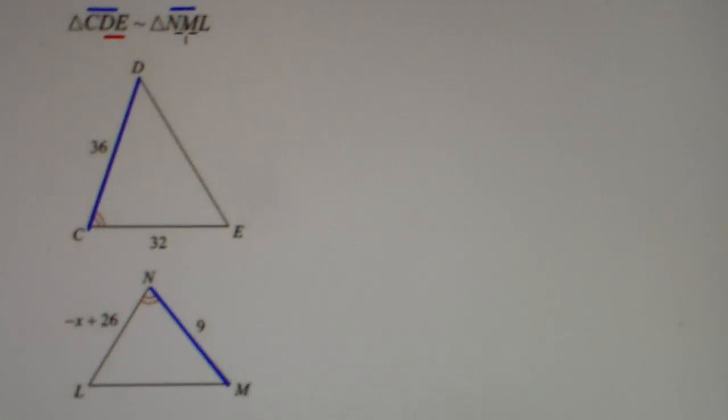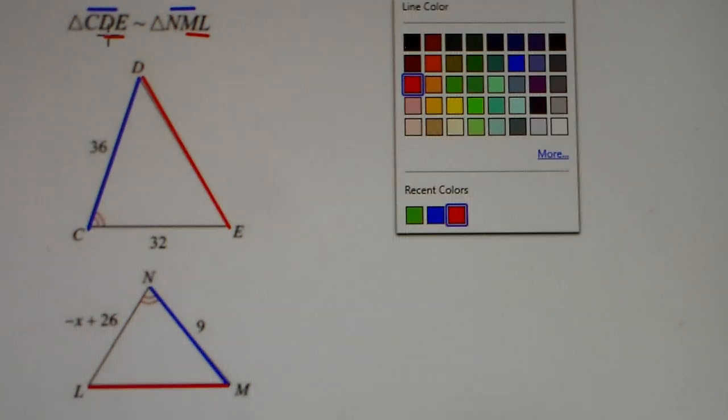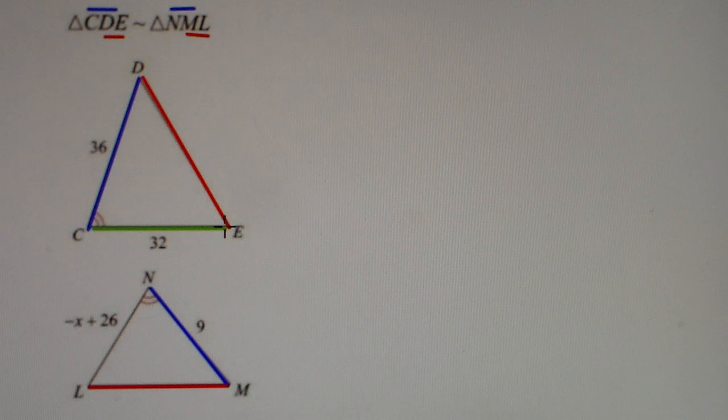DE matches up with ML. And by process of elimination, you guys know CE is going to match up with NL. Which makes sense because C and N both have the double tick, so they're similar. And both the sides are blue and green, so these sides are blue and green. So it all matches up nice.